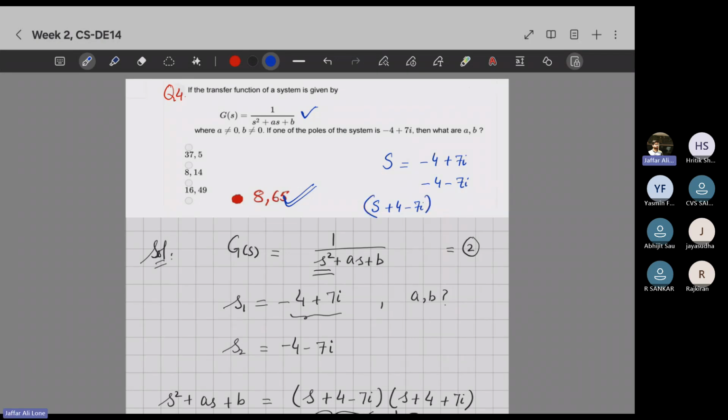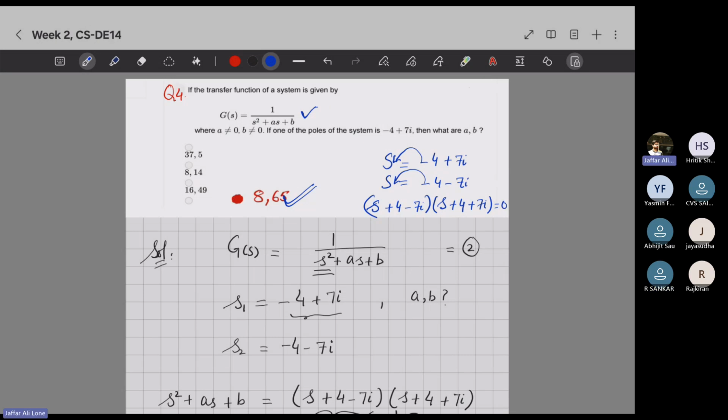Similarly, the other pole will be s plus 4 plus 7i equal to 0. Because I just put the minus on the left hand side.